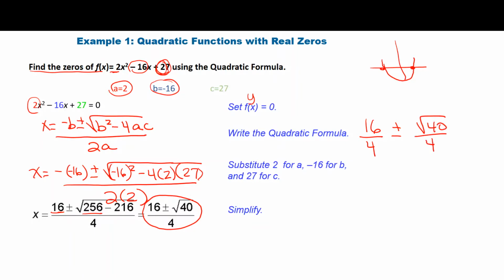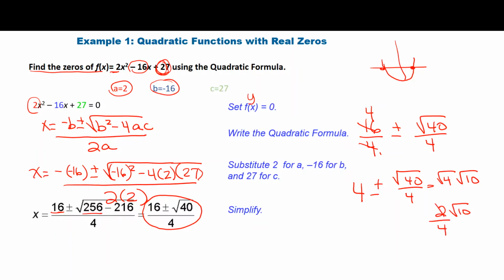All right, well, 16 divided by 4 is 4. So we're going to say 4 plus or minus square root of 40 over 4. But square root of 40 over 4 can be reduced. Square root of 40 is the same as square root of 4 times the square root of 10. And I know square root of 4 is 2, so 2 square root of 10 over 4.